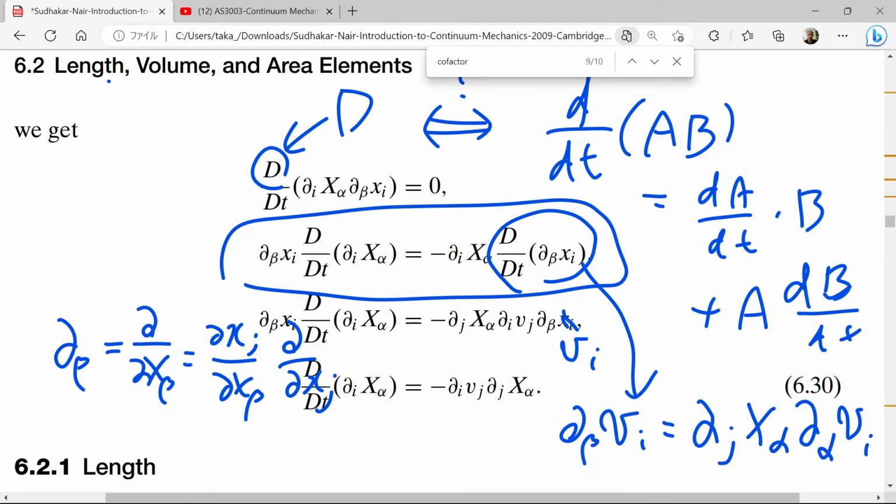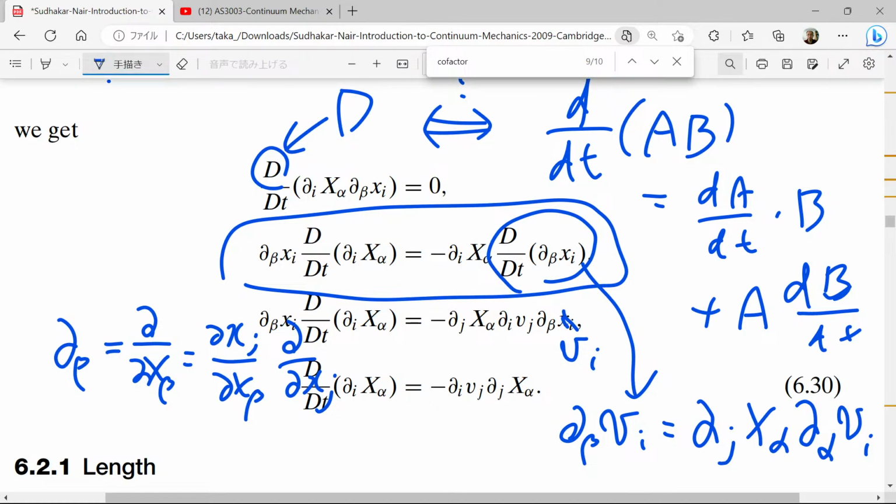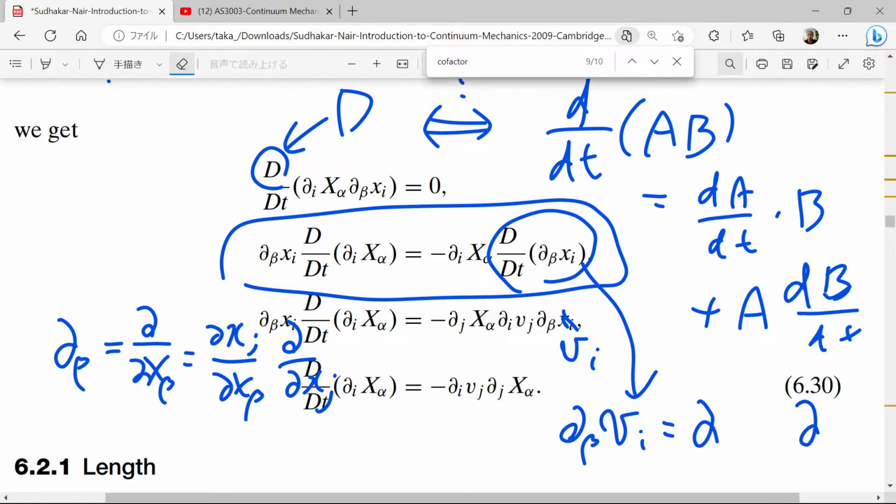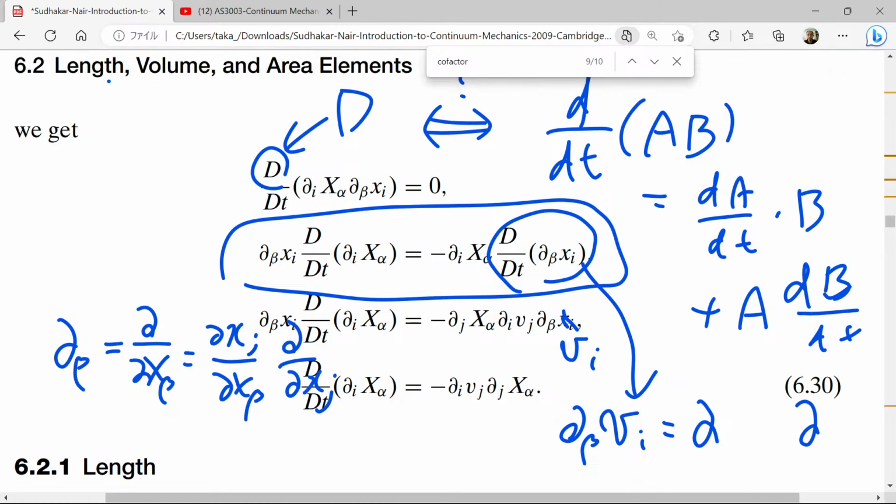Because j hasn't been used, so we have partial. Here we have partial. This one goes like this: partial beta xj, then partial j vi.